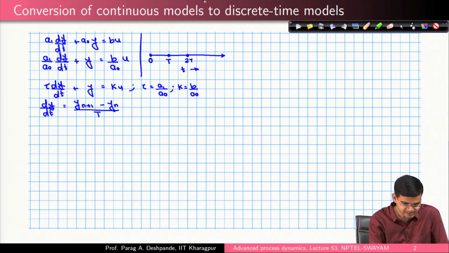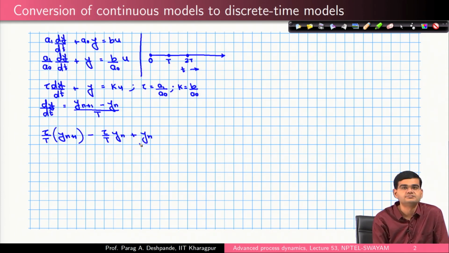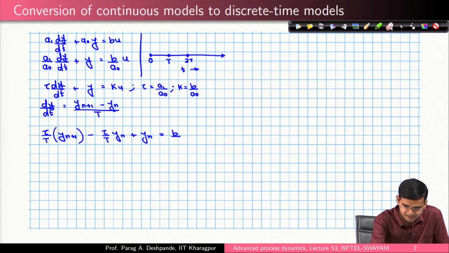So, if this is the case, then I can write my dynamical equation as tau upon capital T y n plus 1 minus tau upon capital T y n plus y n is equal to capital K u n.